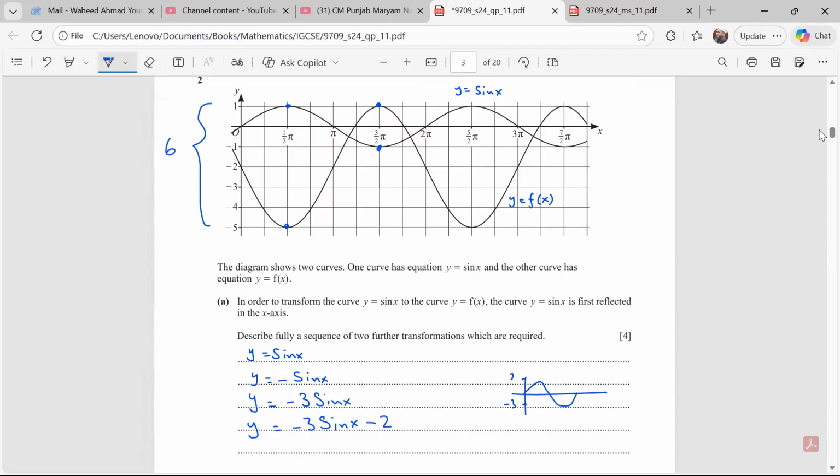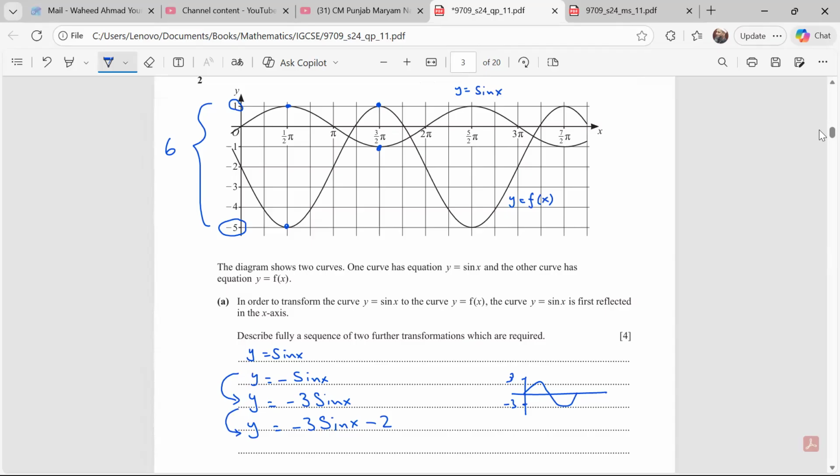Now when I shift it down by 2, this 3 will become +1 and -3 will become -5. You see, it will become between -5 and +1. So this new function has two transformations. One is from here to here. We stretch the function in the y direction by a factor of 3. And the next transformation is we shift it down by 2 units.